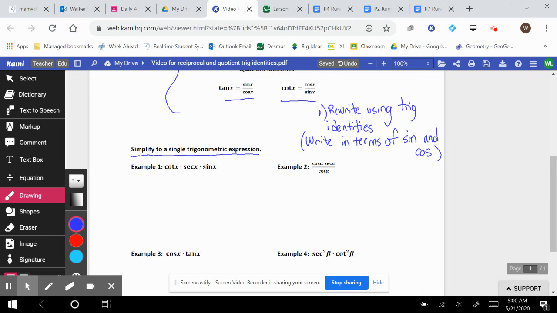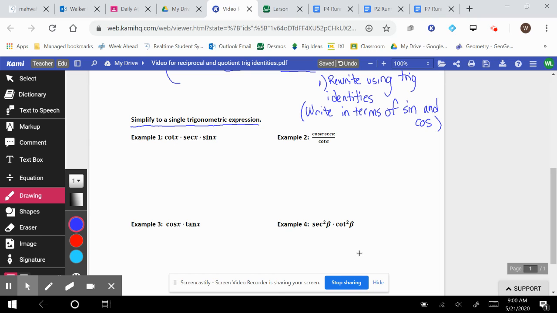All right, and then I'm going to go along the side here of the paper, number 2. So after you rewrite, you're looking to cancel things out. You're looking to see, do I have sine of x on top and bottom of the equation? I can just cancel them out.